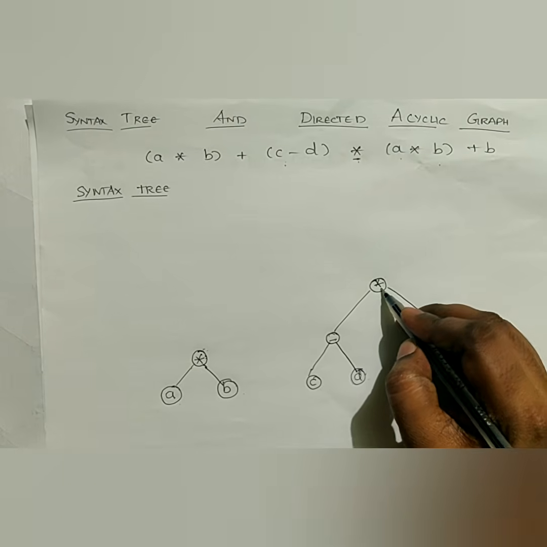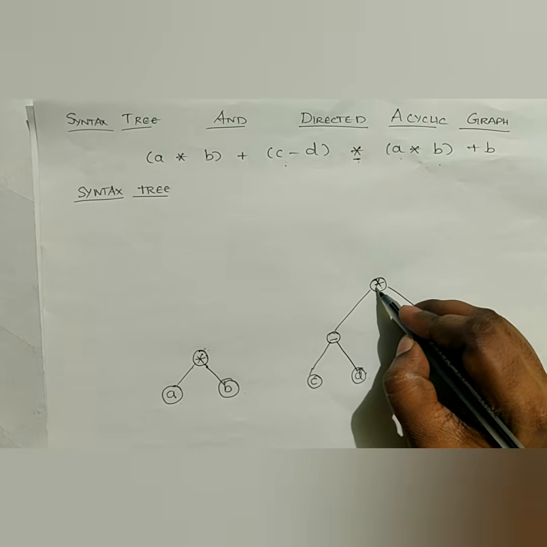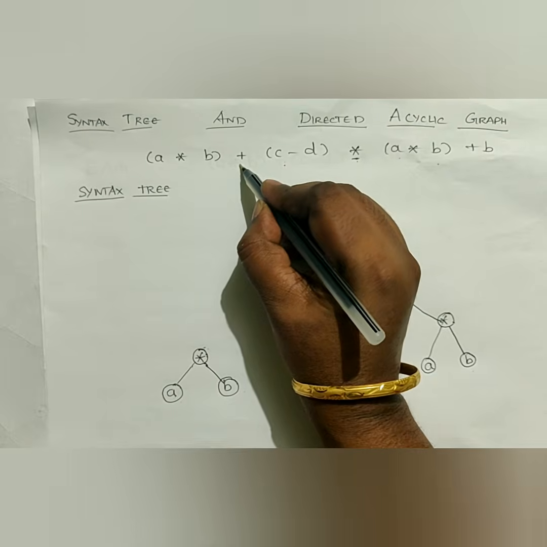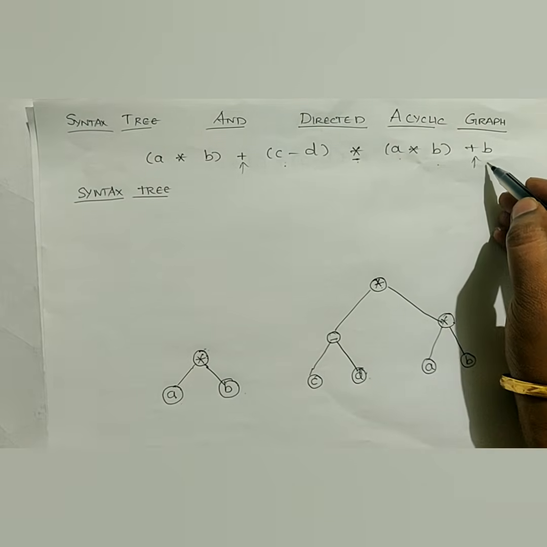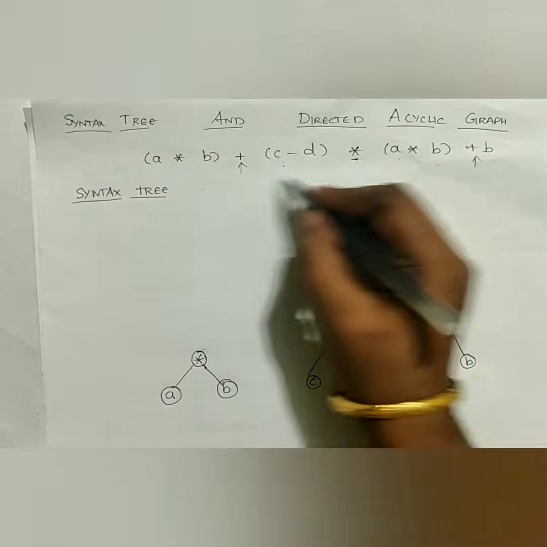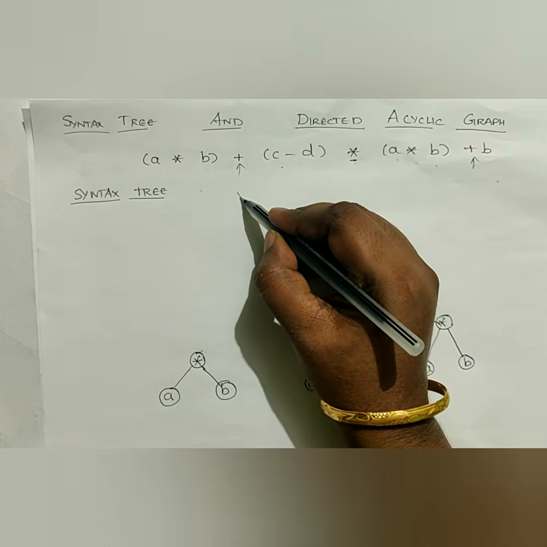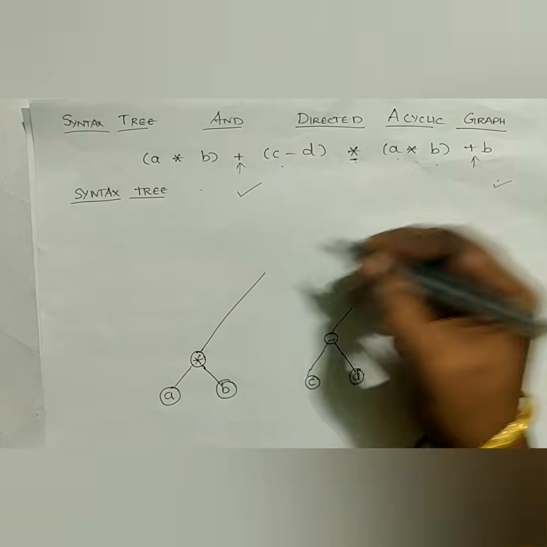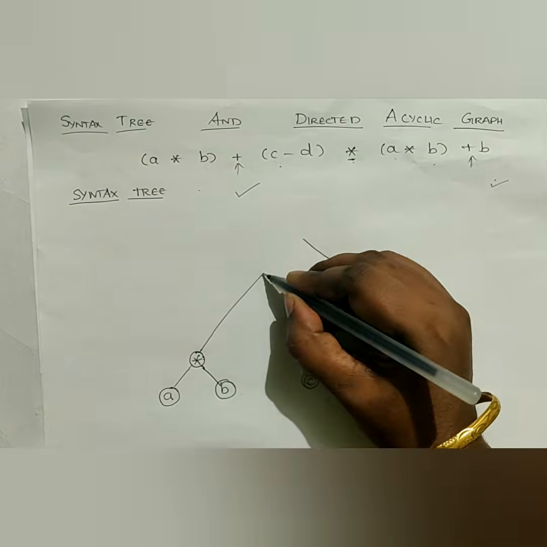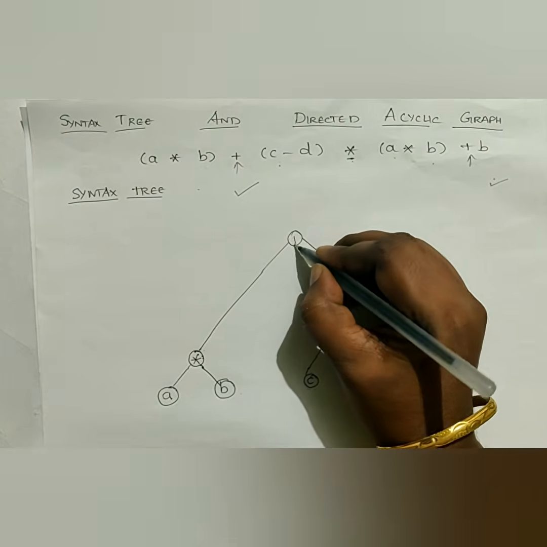Now what is the next precedence operator here? The next operator is addition, but I have a confusion whether to take this plus or this plus. When we have associativity, we go from left to right, so we process this first and then go for this symbol. So I will take this and this together, then take a plus symbol.